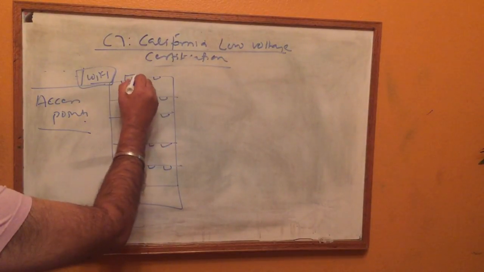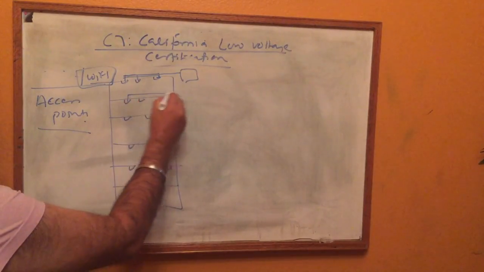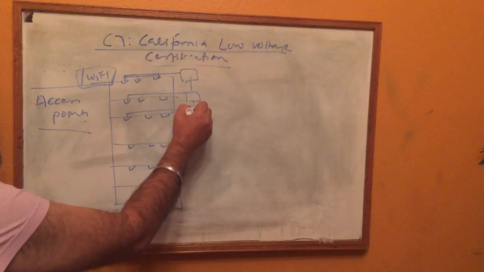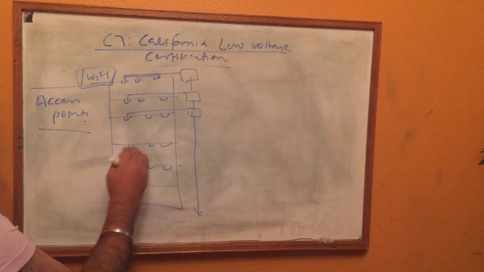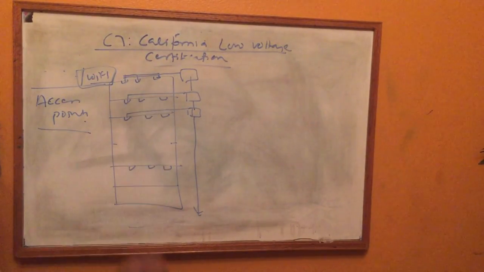These access points are connected through a wired connection back into a switch, and these switches might be connected together, right? They basically come into a basement, or there might be some sort of telecom room per floor.